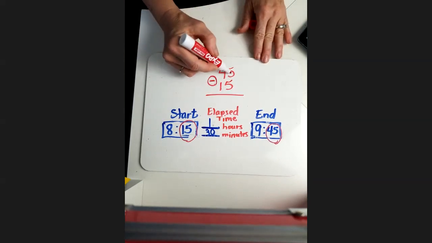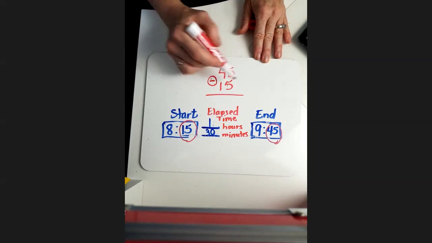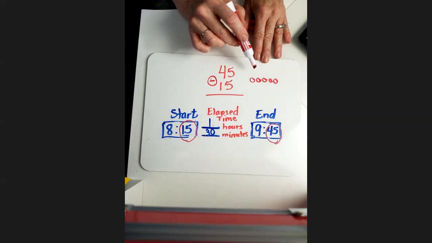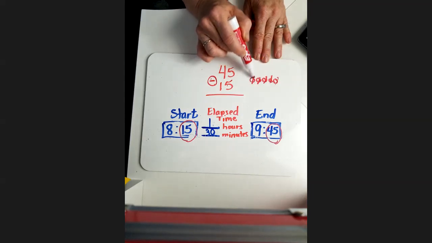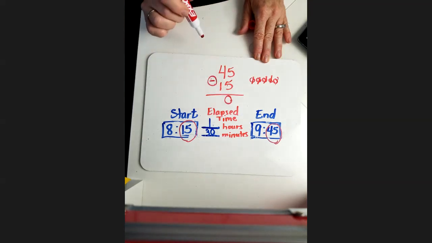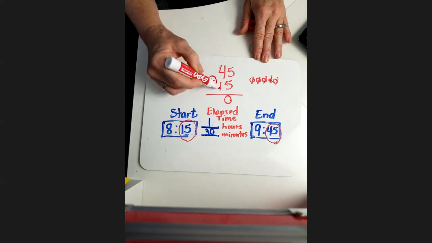All right, so if we start in the ones place and we say 5, take away 5, how much is 5 take away 5? Well, of course, we know how to do that, but let's do it the way we've learned. If we have 5 objects and we take away 5 objects, how many are left? 0. Very good. So now we're going to move over to the tens place, and we're going to take 4, take away 1.